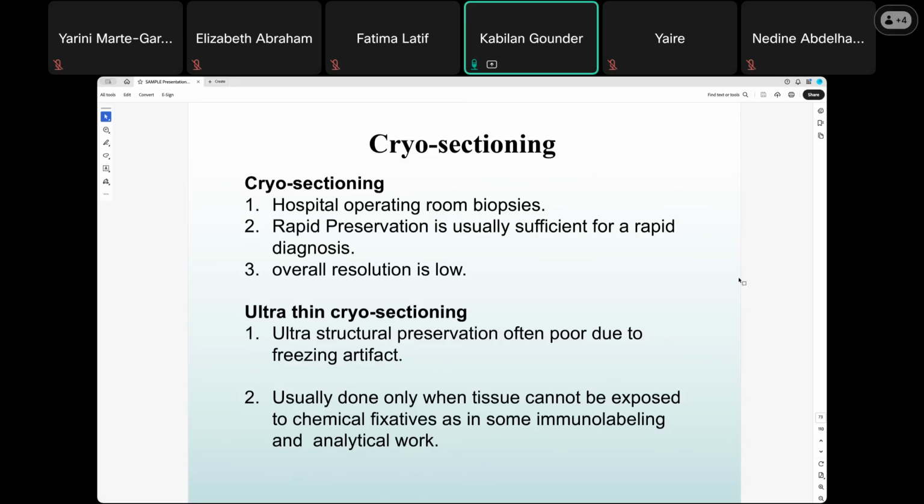Then infiltration is to infiltrate paraffin into your materials. And then embedding: you pour the paraffin into the capsules or flat-bottom mold, and then you add your samples. We will discuss the details of the processes.